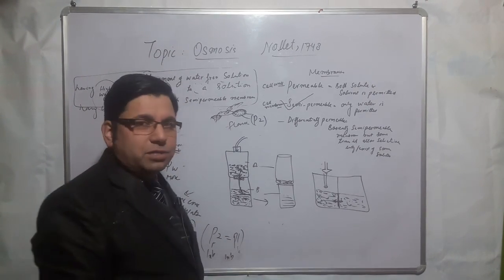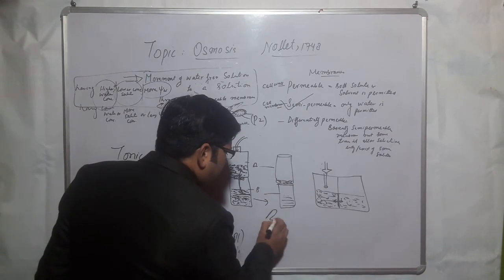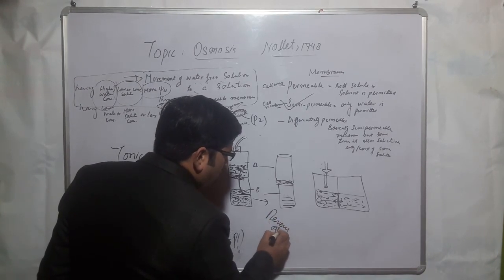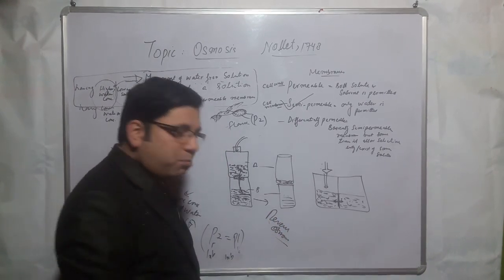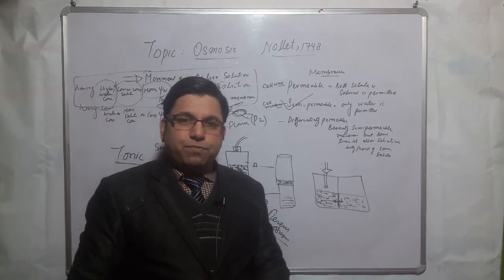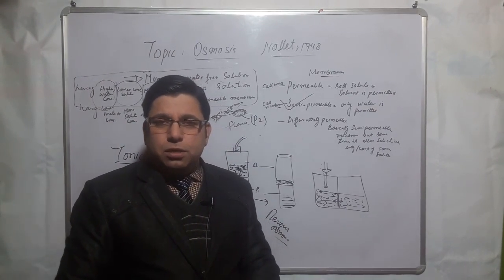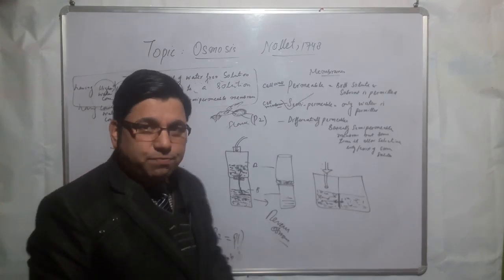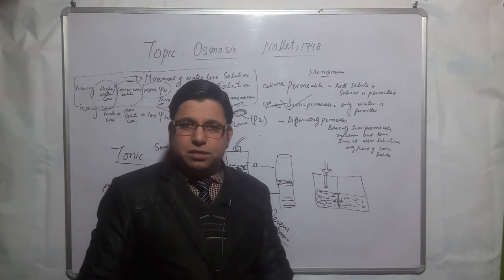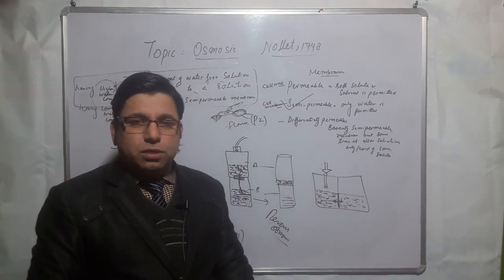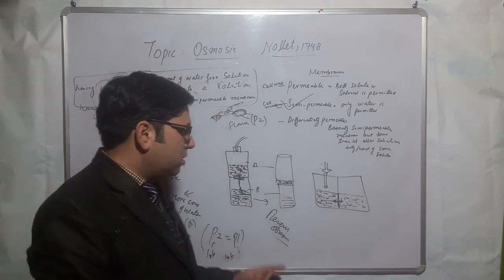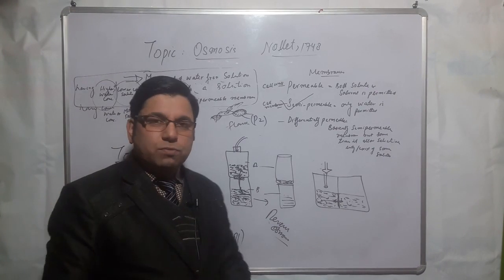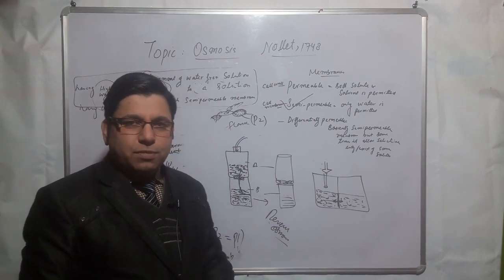This is called reverse osmosis, and this is very important for treatment of polluted liquids. It is one of the important methods in water pollution to get rid of these dirts, these solutes.